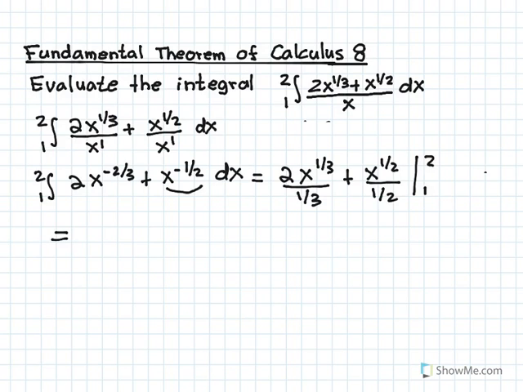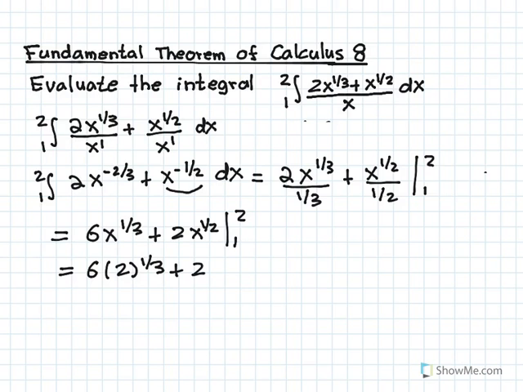Let's simplify further. We get 6x^(1/3) plus 2x^(1/2) evaluated from 1 to 2. Let's put the upper limit in. We get 6 times 2^(1/3) plus 2 times 2^(1/2), minus, plugging in 1, 6 times 1^(1/3) plus 2 times 1^(1/2).